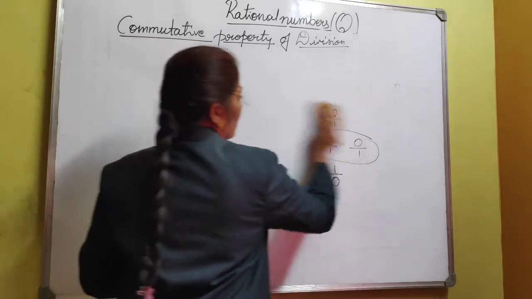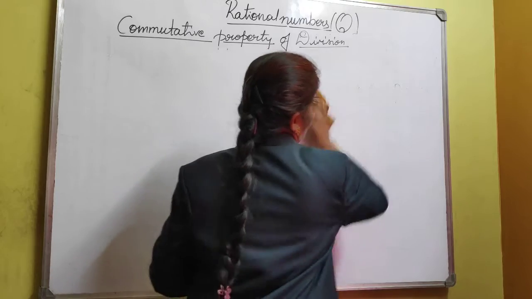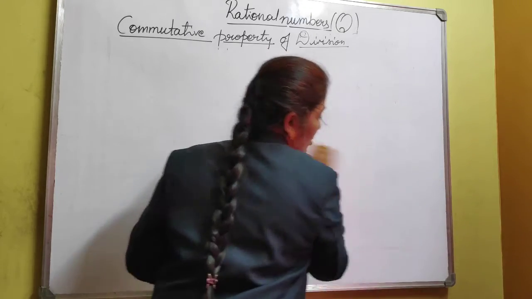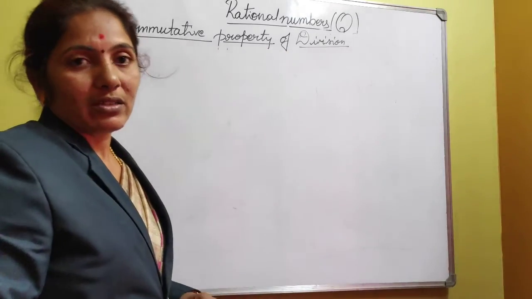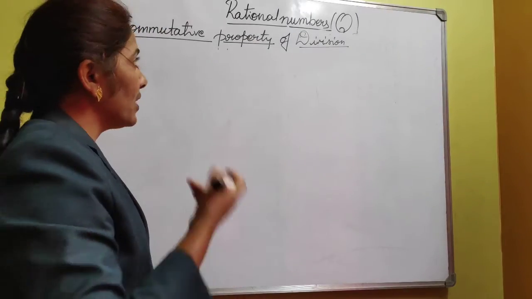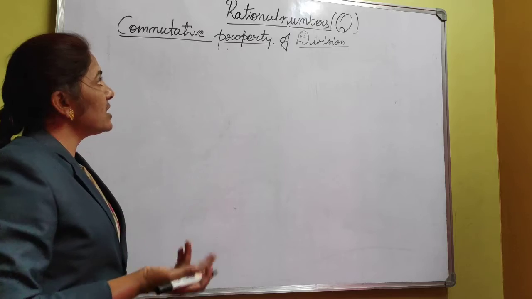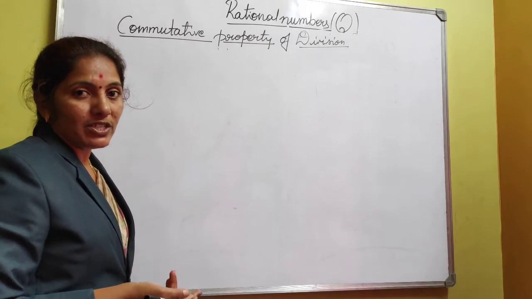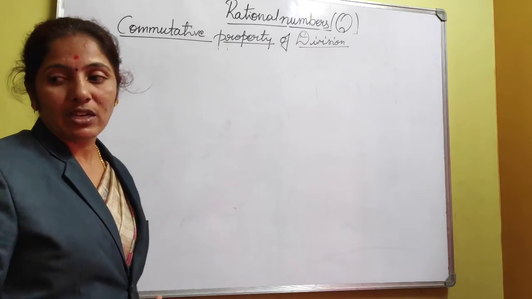In the same way, let us check here. In the last class I told you the closure property of division is not closed under rational numbers. Let us check whether the commutative property of division is closed under rational numbers.